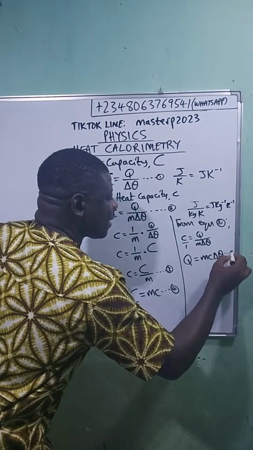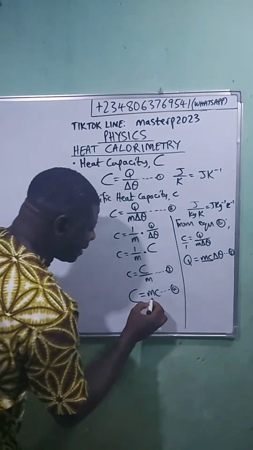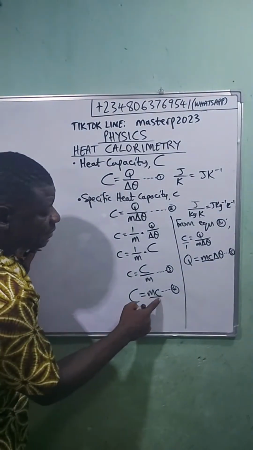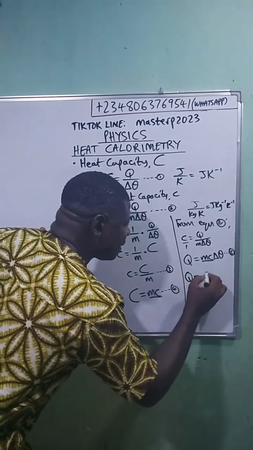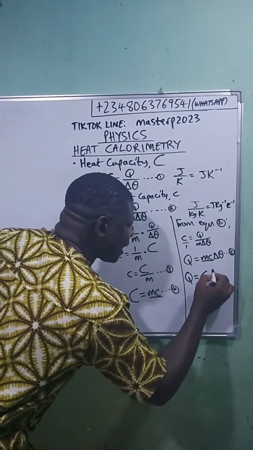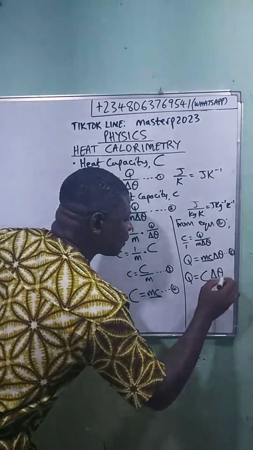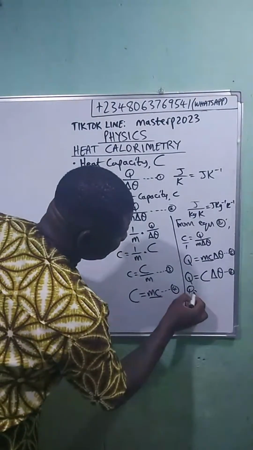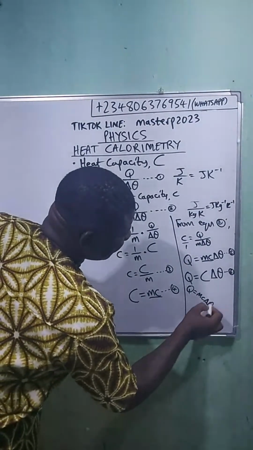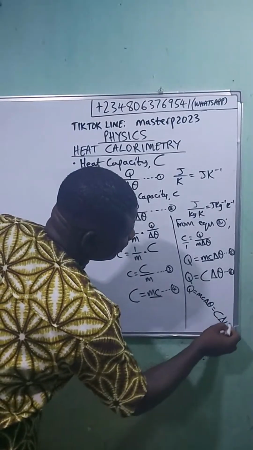This is equation 5. But remember, mc is the heat capacity, so in the place of mc, I can put capital C. So energy can be heat capacity multiplied by change in temperature, which is equation 6. So Q equals mc delta theta, which is the same as C delta theta.